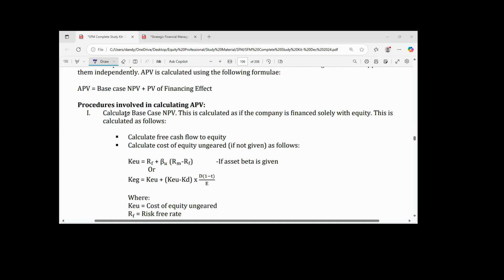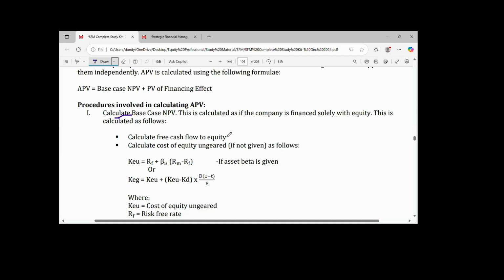So when you want to calculate base case NPV, there are 4 procedures you are going to carry out. The first step is to determine relevant cash flows, including sales value, variable costs, contribution, working capital, initial outlay, specific or attributable fixed costs, scrap value, inflation, taxation, all those things you normally do whenever you want to compute NPV.